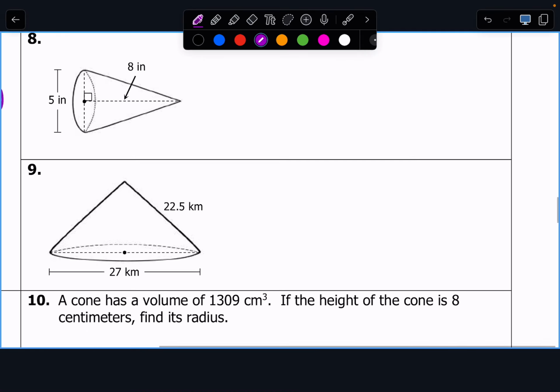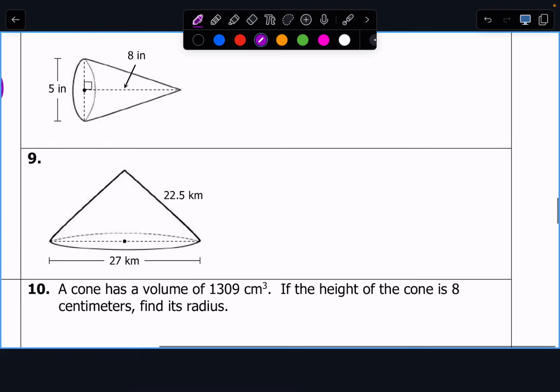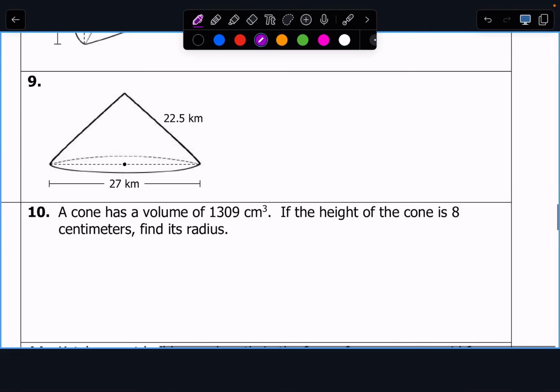Hey, you guys, we're gonna do one more together, and then I'll give you some time for your homework. I want you to look at number 9. In number 9, what does 27 represent? The diameter.